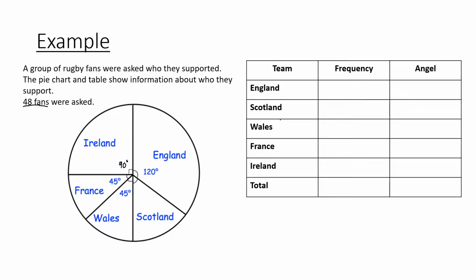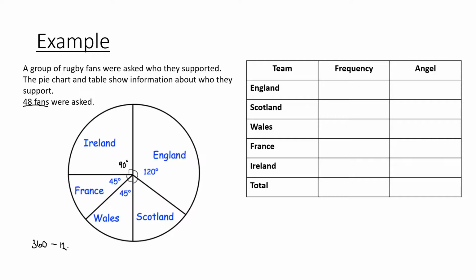Now, before going on to the table, I always have a look at the pie chart to see if there's any information missing. So if we do have a look at our pie chart, we have Scotland. The degree for the portion of Scotland on our pie chart is missing. So what you'd have to do is you'd have to do 360, because remember that our circle is equal to 360 degrees, and then we have to subtract our other four angles.